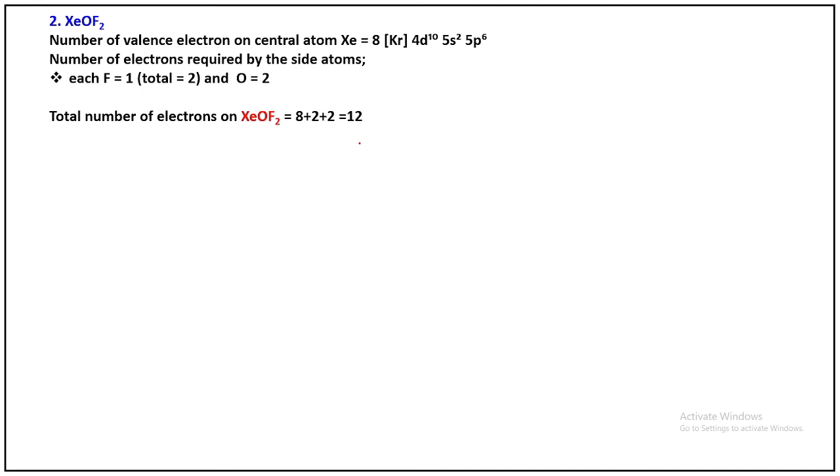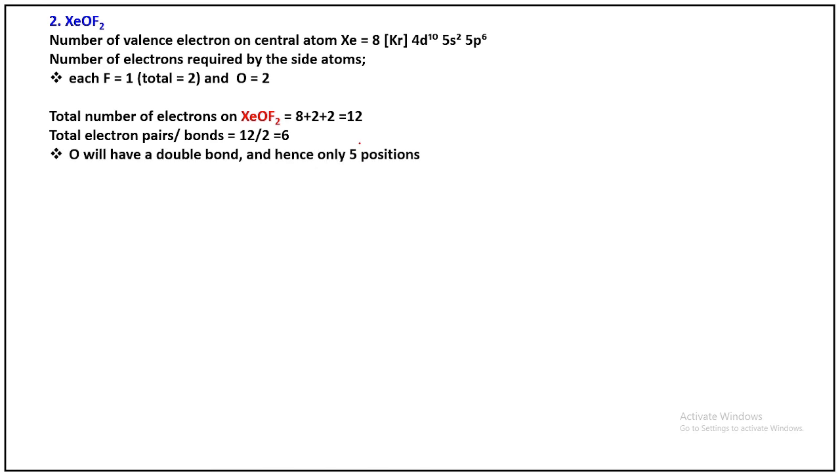And hence the number of electron pairs will be 6. Oxygen will have 1 double bond and among the 6 only 5 positions have to be considered, giving the geometry of trigonal bipyramidal, and this molecule also has 2 lone pairs. As we discussed in the case of ClF3, XeOF2 will also give a T shape.